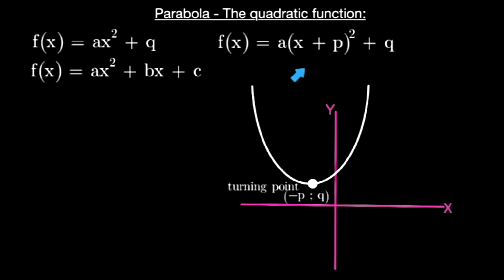So we basically take whatever is in this bracket, we equate it to 0 and we calculate the x. For example, if this was x plus 3, our x coordinate will then be a minus 3. Okay, so that's why I indicated it as x plus p, so our x coordinate will then be a minus p. So it will always have the opposite sign. This q, we use it just as it is, and that is the y coordinate of our turning point.